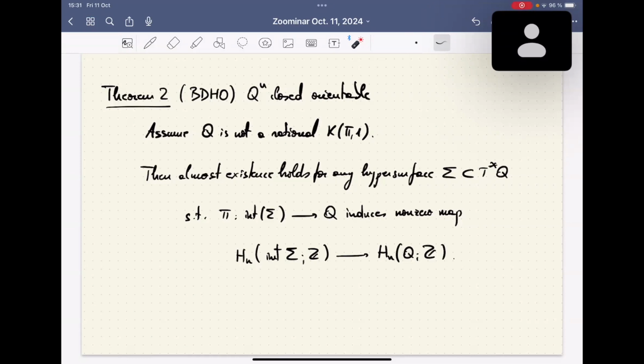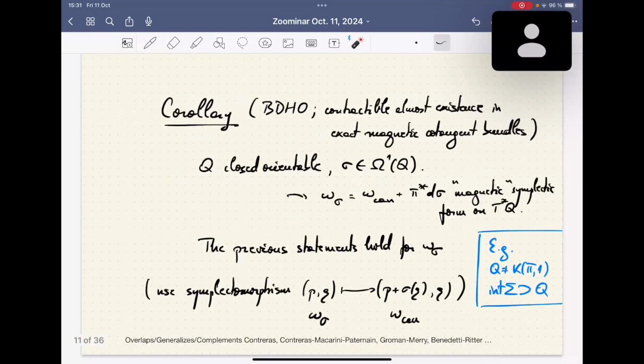Here's a corollary, again about exact magnetic cotangent bundles. We take Q again, closed orientable, and we perturb the canonical symplectic form on the cotangent bundle by pulling back an exact 2-form on the base.